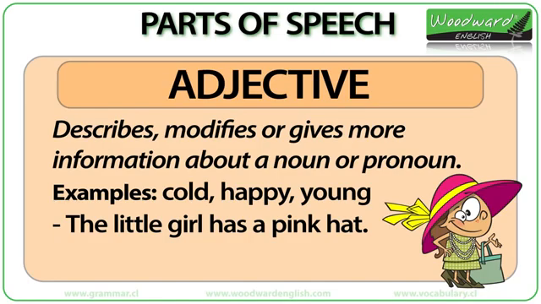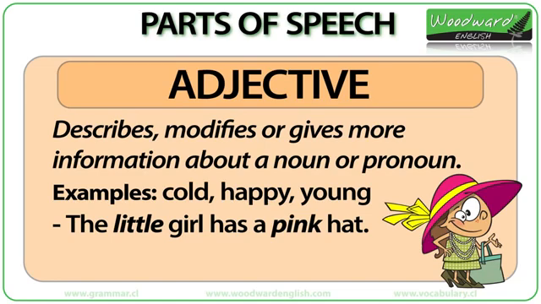In this sentence, there are two adjectives. Can you see them? How do we describe the girl? Little. Little is an adjective because it gives more information about the girl. How do we describe the hat? It is pink. Pink is an adjective.